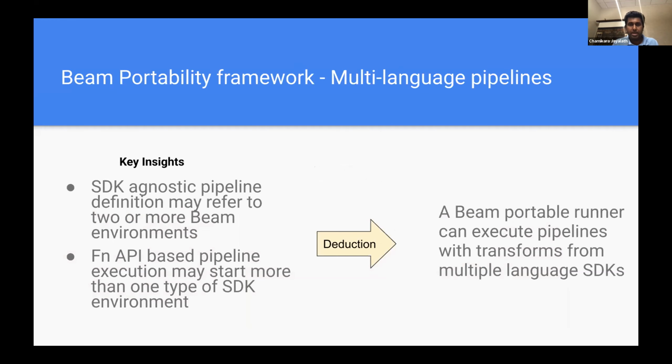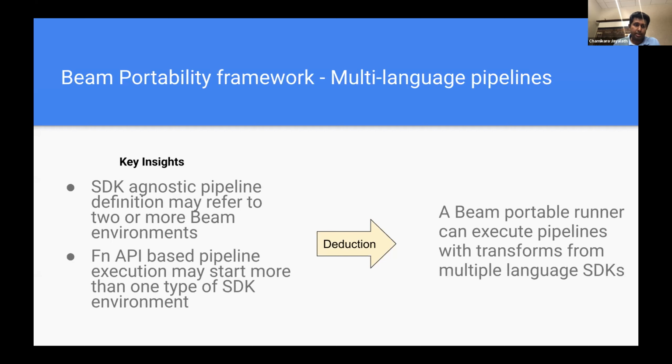Now, once we built all that, we had some key insights that allowed us to do more things. One of the things we noted was that we have this SDK agnostic pipeline definition. But the thing is, it doesn't have to refer to just one environment. It could refer to more than one environment, right? So there's no restriction in the number of environments. So within the same pipeline definition, you could have transforms that refer to different environments.